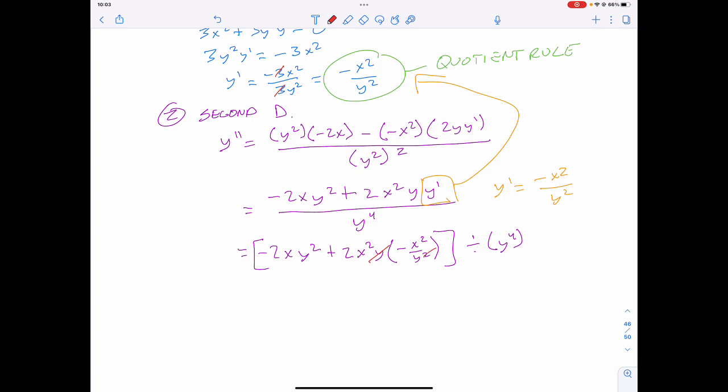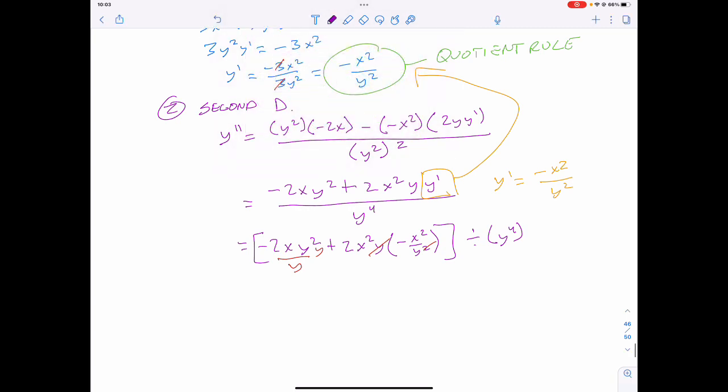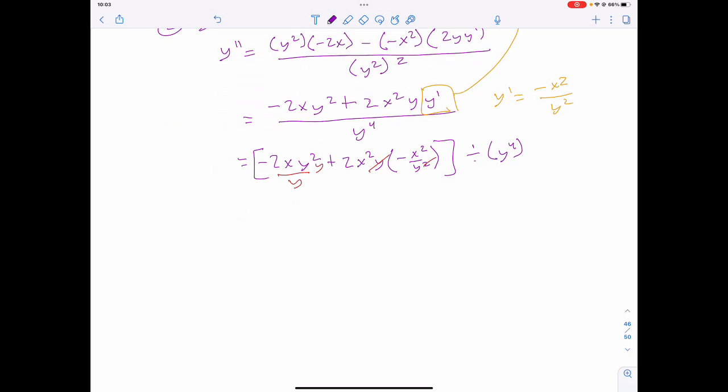And we're just going to have to put it over y. So I need a y here, and I need a y up here. No point in doing extra work when we don't have to. So what do we have? We have negative 2x y cubed over y.